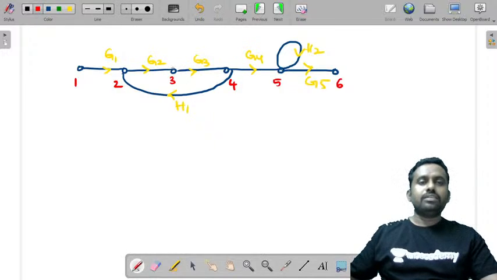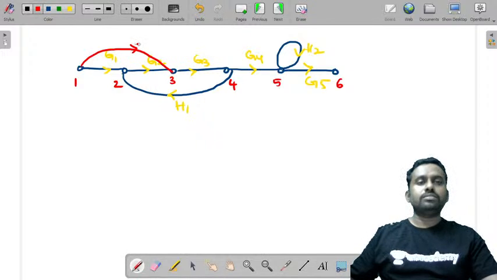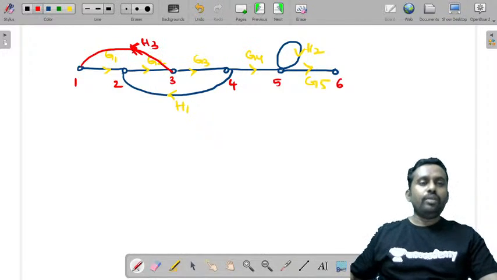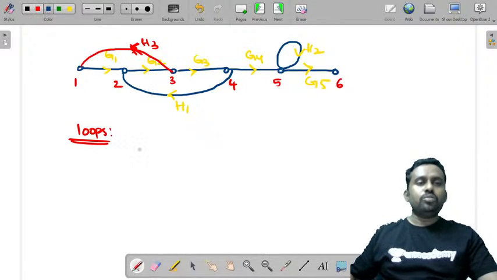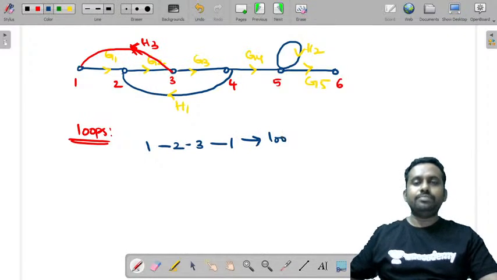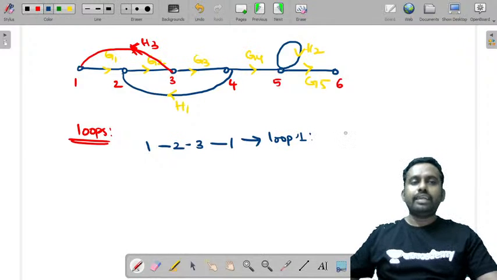Now let us say there is another loop like this. Let us call this H3. Now in total, how many loops are there in this given graph? If you see, 1 to 2, 2 to 3, and 3 to 1 is loop 1, and let's draw that loop.